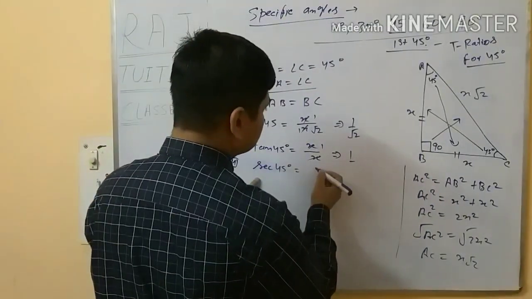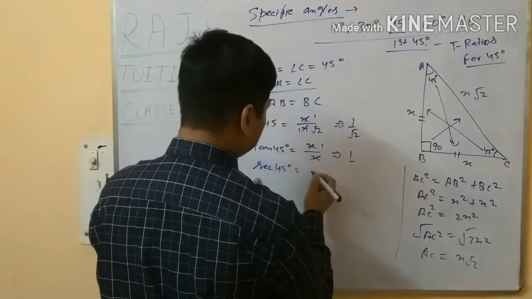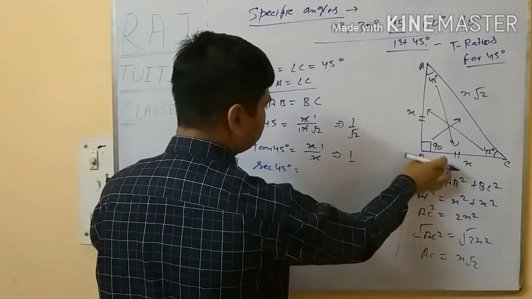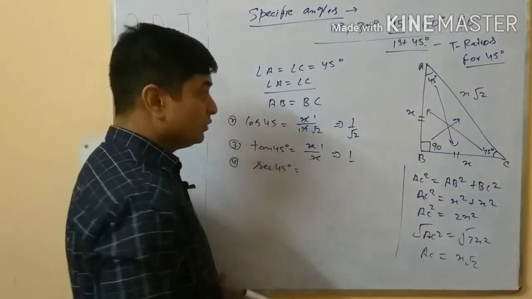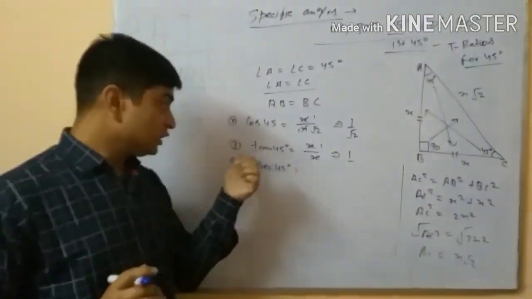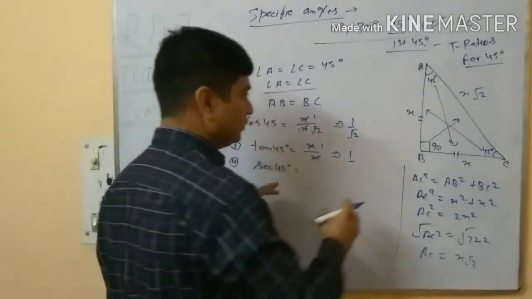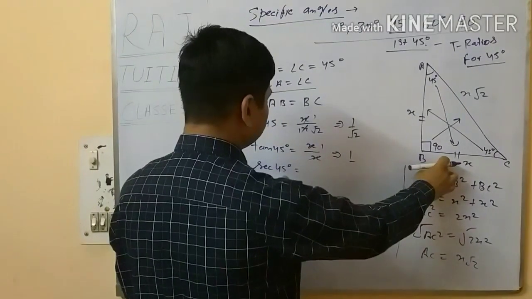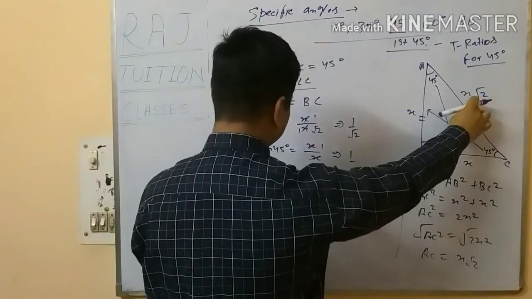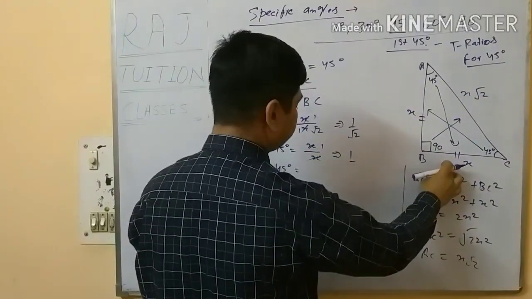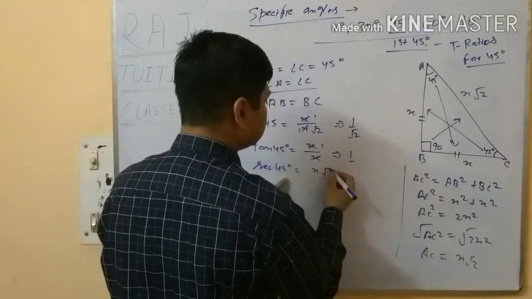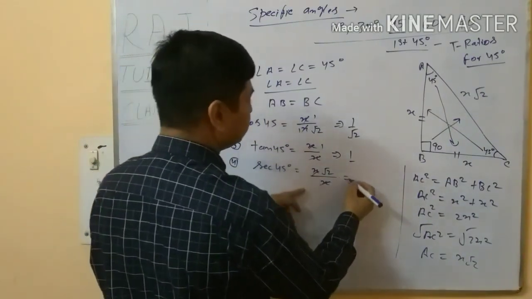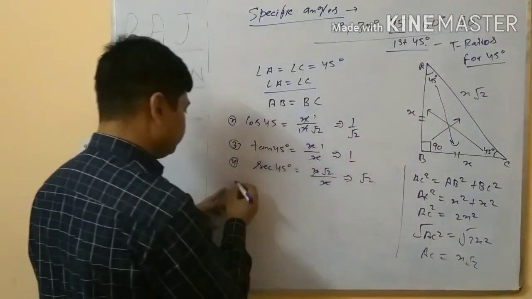It's very easy to reciprocate it, but we are not going to reciprocate it right now because we are going through the standard method. Sec 45 will be hypotenuse divided by the side adjacent to 45. So the hypotenuse is x root 2 upon the side adjacent, x. x cancels x, and that becomes root 2.